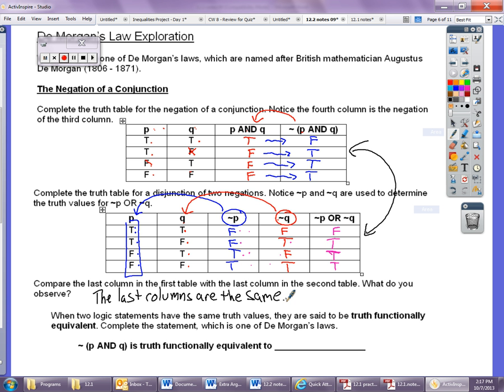When two logical statements have the same truth value, they're said to be truth functionally equivalent. So if we negate P and Q, the statement truth functionally equivalent to that is not P or not Q.